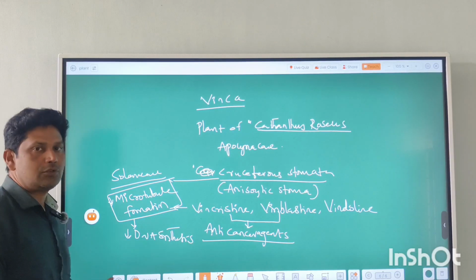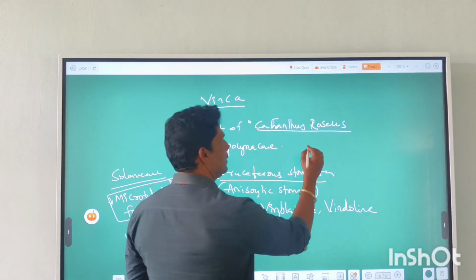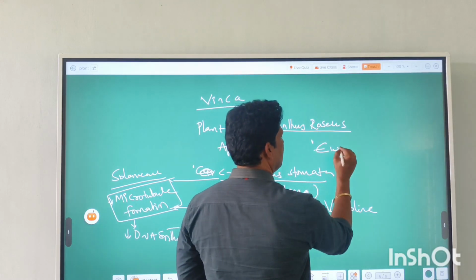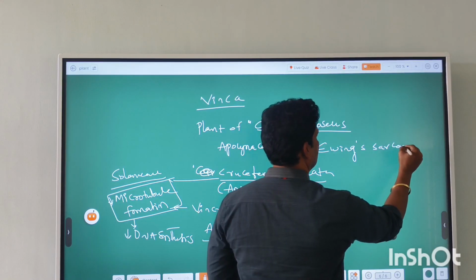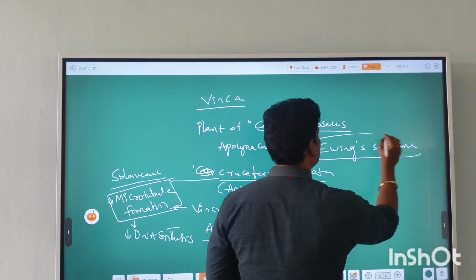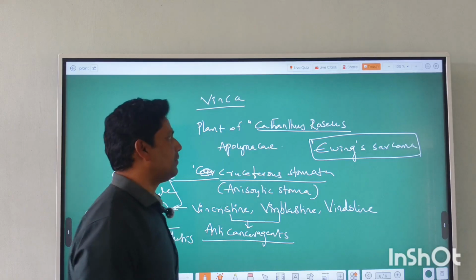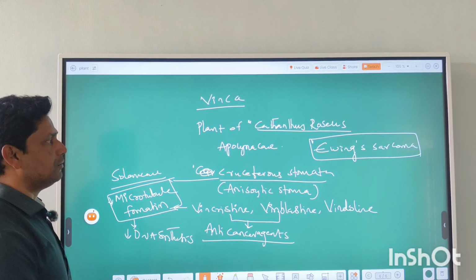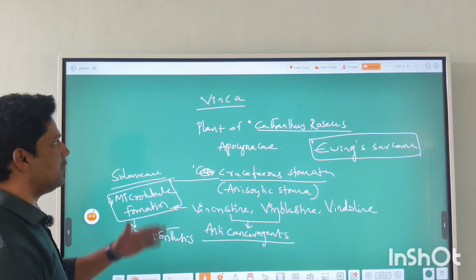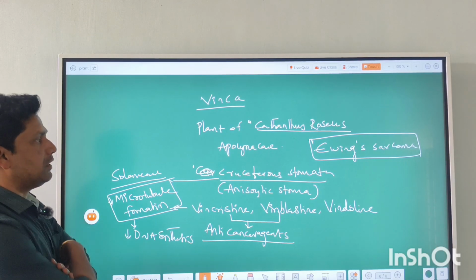It is generally used for Ewing's sarcoma. This is the drug of choice for Ewing's sarcoma, a bone or soft tissue cancer.